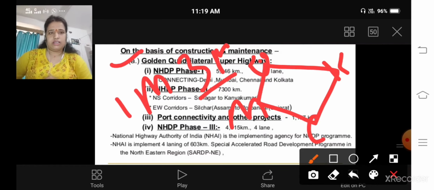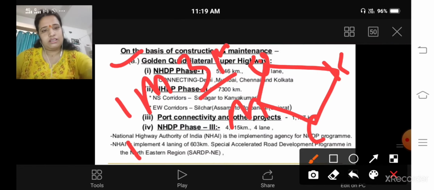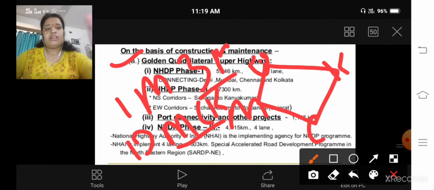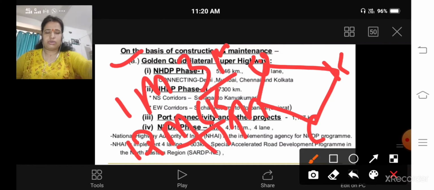First option is there. Second option can be Delhi, Mumbai, Karnataka, Kolkata. Third option can be Delhi, Mumbai, Andhra Pradesh, Karnataka. So you have to remember the word DMCK. Delhi, Mumbai, Chennai, Kolkata. Okay, this is golden quadrilateral or super highways.